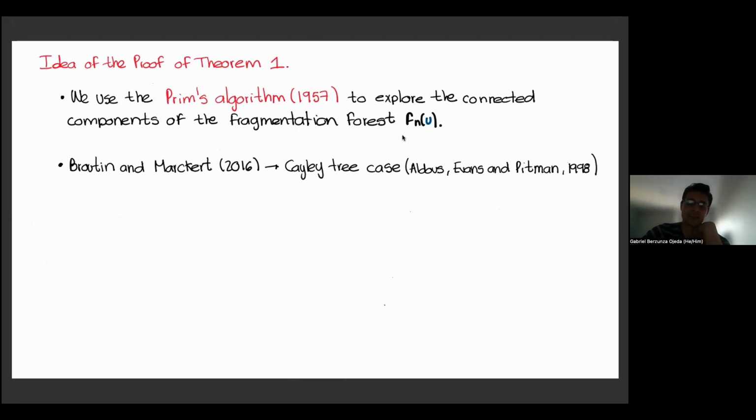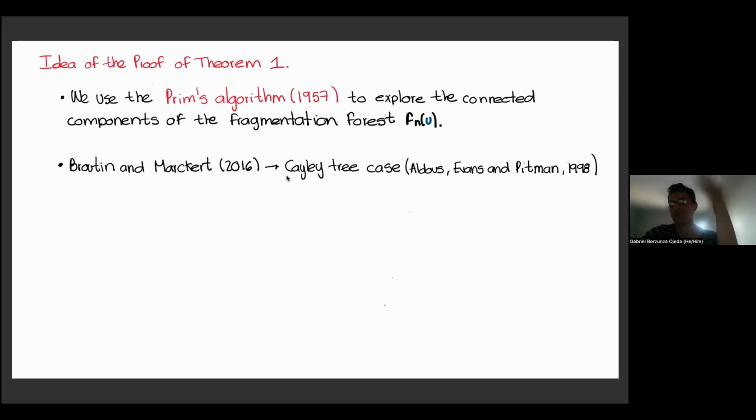Prim's algorithm is also known because you can use it to obtain the minimum weighted spanning tree of a graph. In this case, since our graph is a tree, it behaves very nicely and we have nice properties.